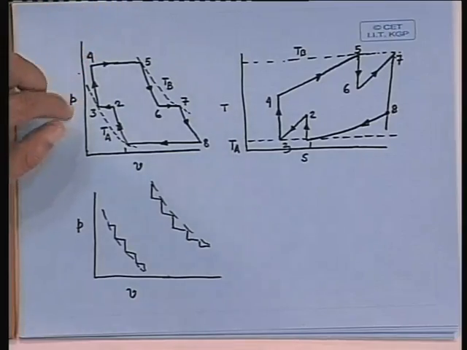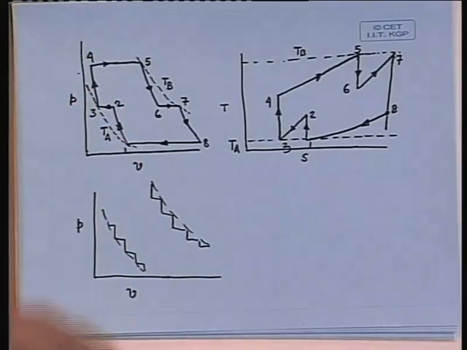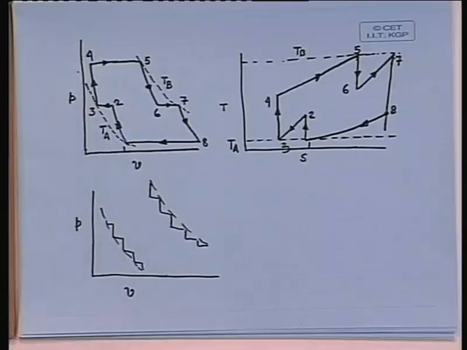Okay. So, if I continue this process, then this zigzag curve here and this zigzag curve here will coincide with the isothermal processes, or they will coincide with the isotherms. Okay. So, what we will have then? We will have two constant pressure processes and two isotherm lines.